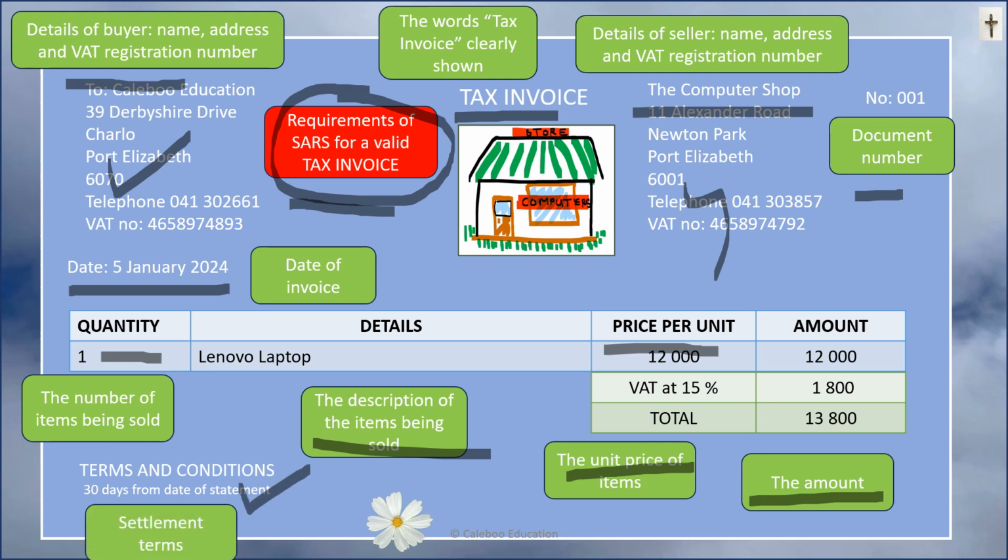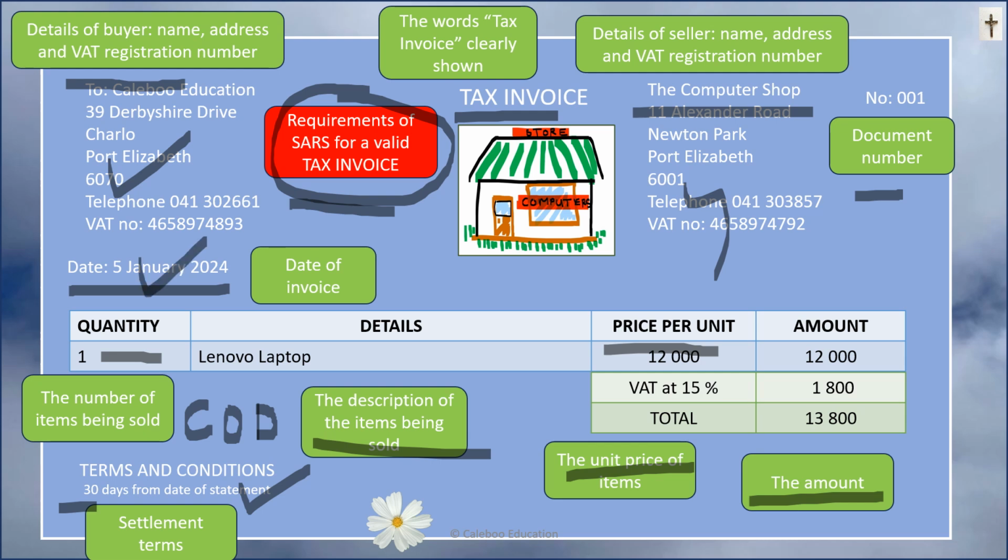And obviously, because you're buying this on credit, there are terms and conditions. If it was a cash invoice, it would say COD, cash on delivery. But this is a credit invoice, and the terms here are that this invoice must be paid 30 days from the date of the document.